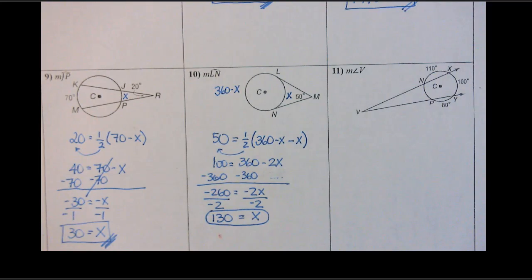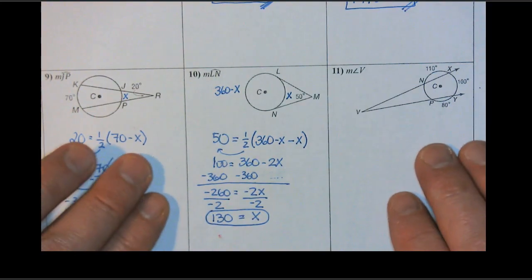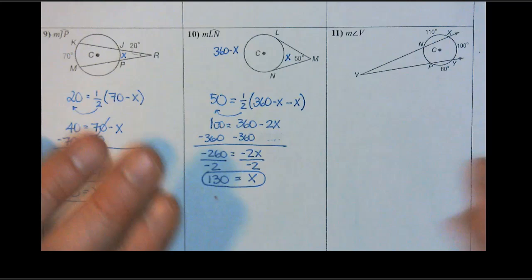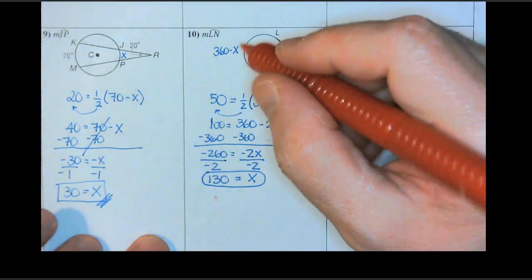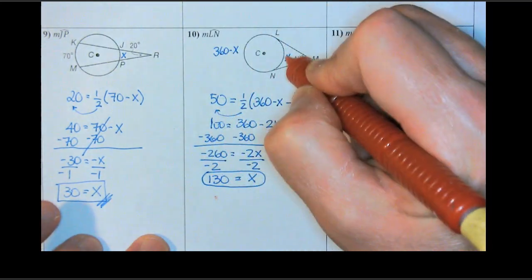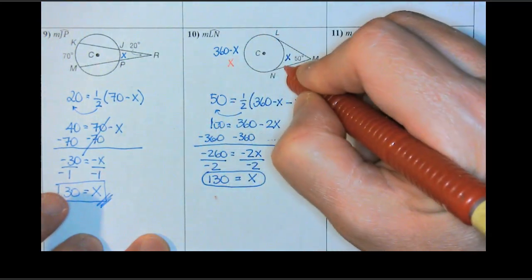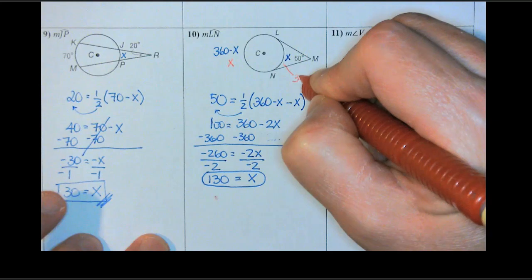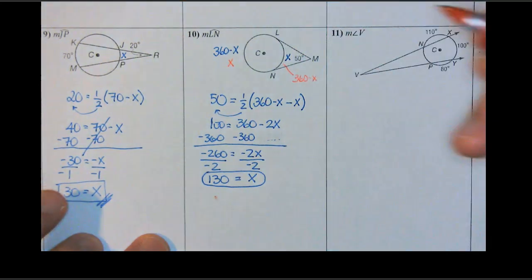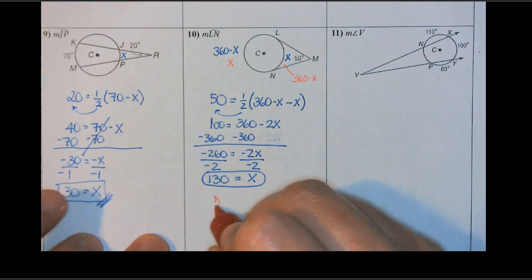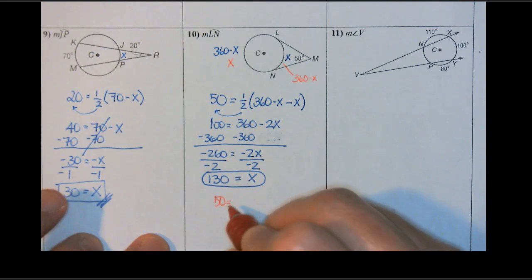All right, very good. I want to give you some warnings. Let's say another student, instead of calling this x, decided to call the big one x. So therefore, this one would be 360 minus x. So the equation will look very similar, but one thing you need to be careful is this, because you're going to do 1/2.